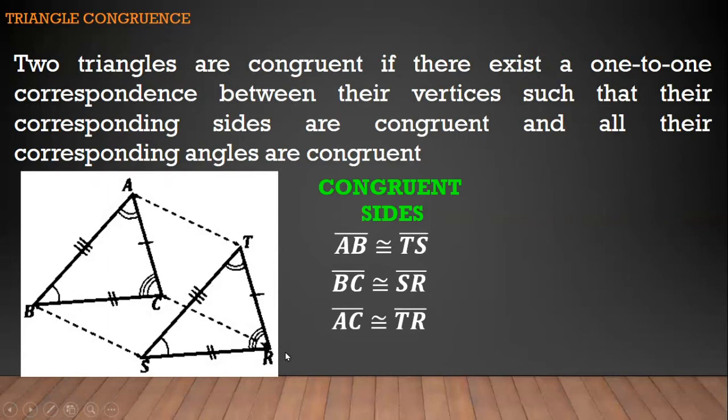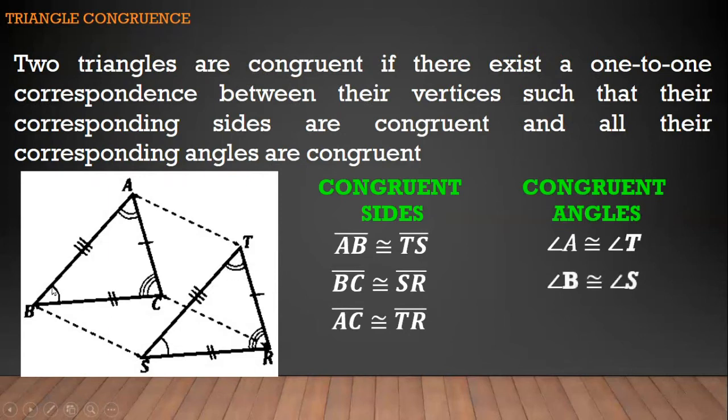After natin malist yung congruent sides, proceed tayo sa congruent angles. Congruent angles, we have angle A is congruent to angle T. Angle B is congruent to angle S. Angle C is congruent to angle R.